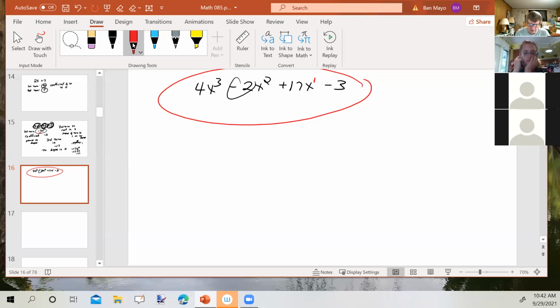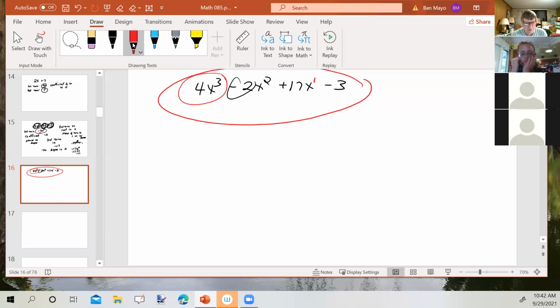Let's go through this again. The first term is 4x cubed. Its coefficient is 4. The degree of the term is 3. The second term is negative 2x squared. The coefficient is negative 2. The degree of the term is 2, or second degree. The third term is 17x. The coefficient is 17.